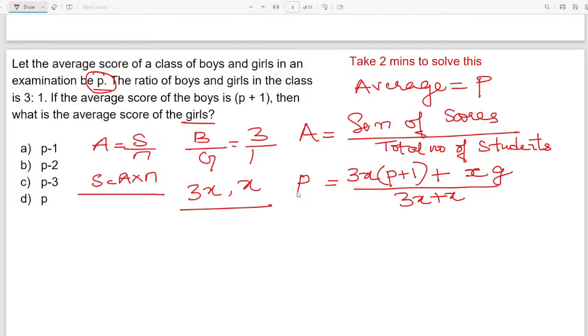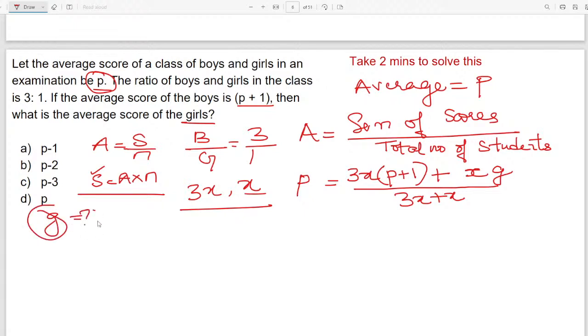So this is the formula. The average, that is p, is equal to the sum of the scores. The sum of the scores of boys is 3x, the number of boys, into p plus 1, the average score of the boys, and the number of girls is x, and the average score of the girls, g, we need to calculate here.